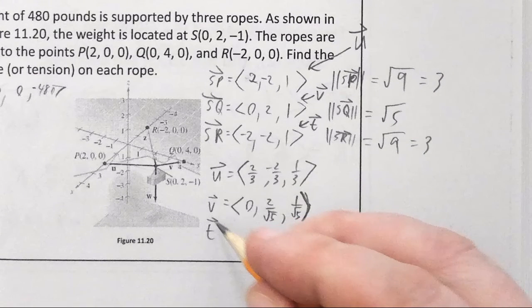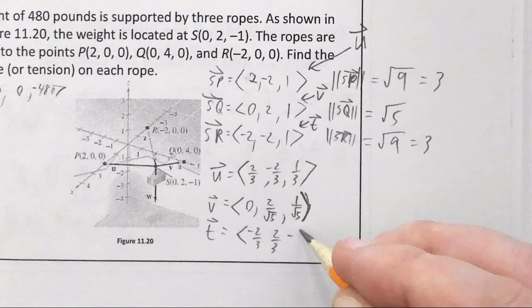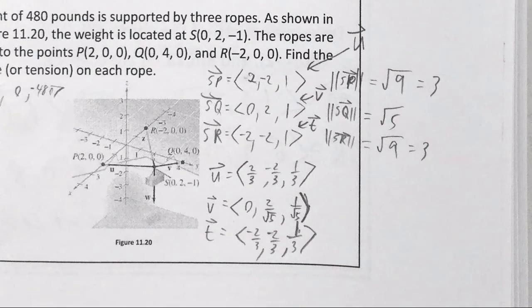And for T, -2/3, negative, sorry, and then 1/3. Okay, so those are my unit vectors.